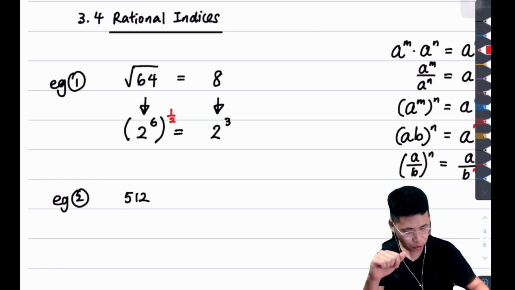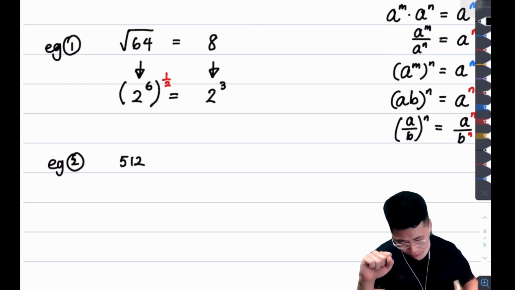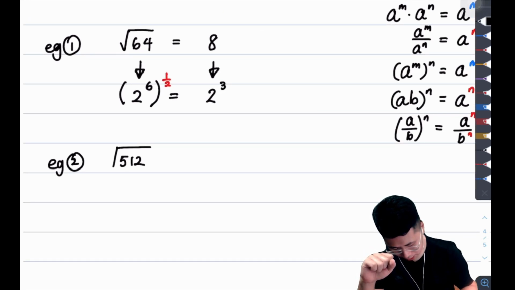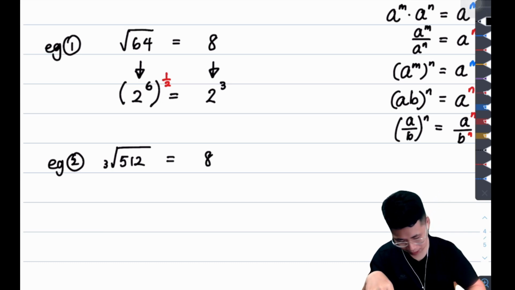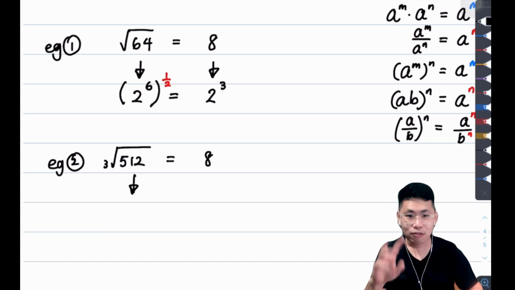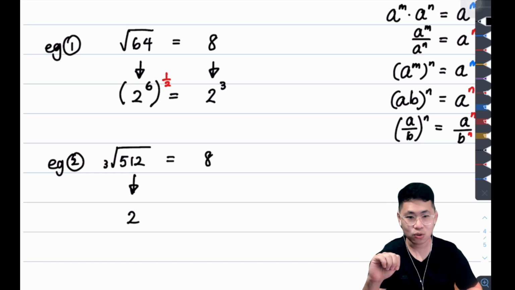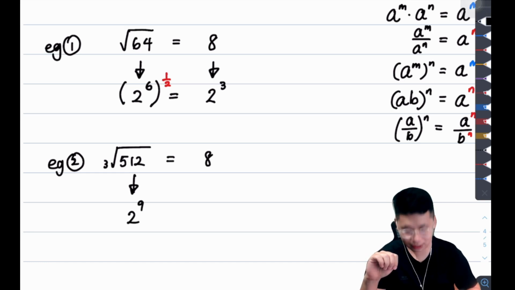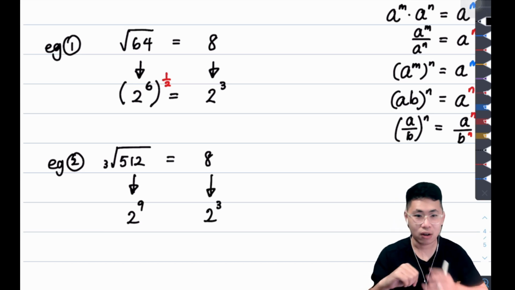Let us push this envelope a bit further and take a look at 512. I'm going to take the cube root of 512 and it's going to give me 8 as well. 512 written as base 2 is 2 to the power of 9, and 8 written as base 2 is 2 to the power of 3.